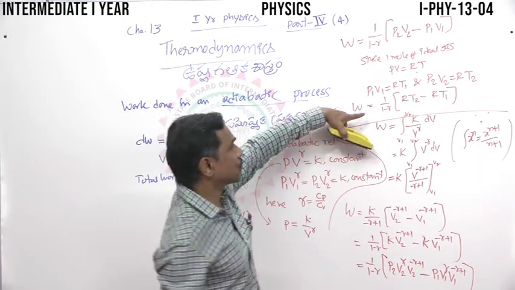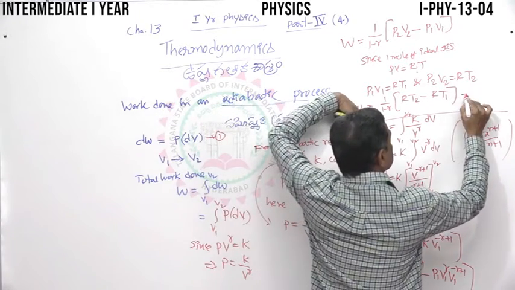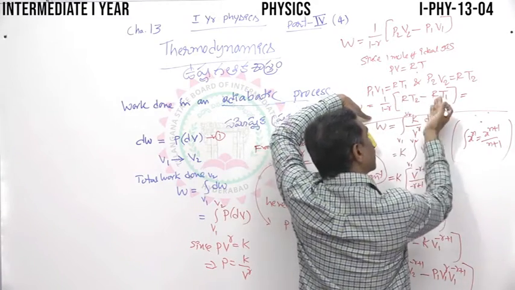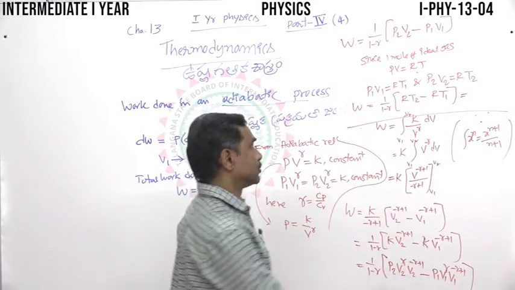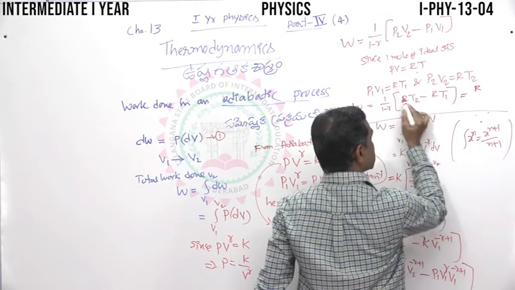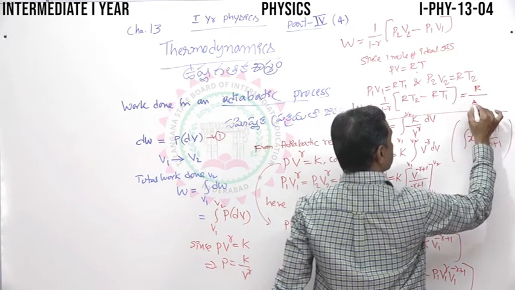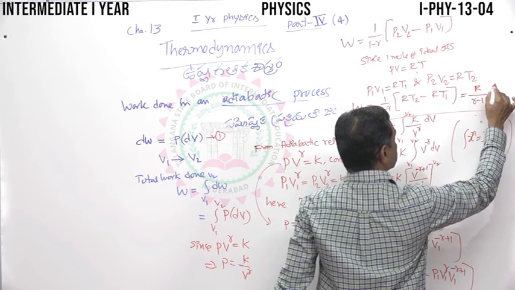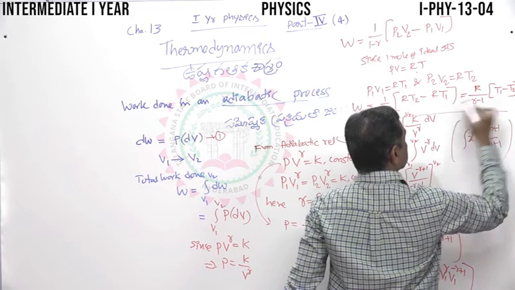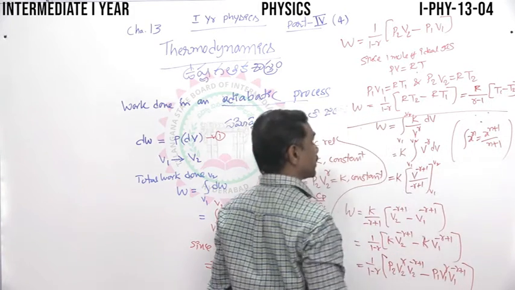So finally, for the total work done, just see here. I'll reverse these two terms, so the sign reverses automatically, or take minus common. Finally, we can write R, a constant, taken out as common, divided by gamma minus 1, with T1 minus T2 within the bracket. This is the work done in an adiabatic process.